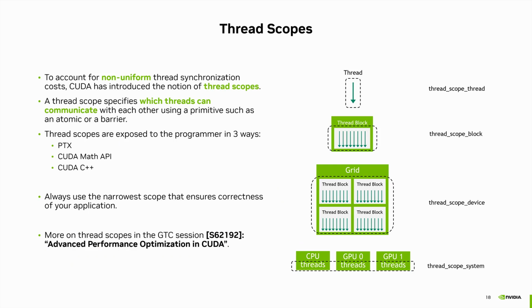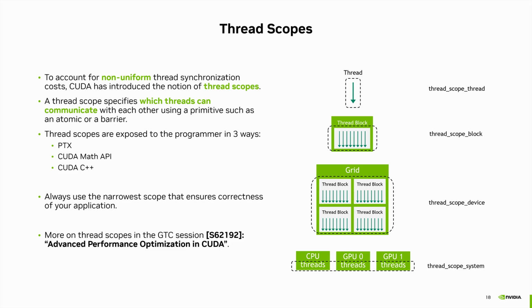Now, in order to account for the non-uniform cost of synchronization in our GPU, CUDA introduced this notion of thread scopes. Thread scopes specify which threads can communicate using a primitive such as a barrier or an atomic.